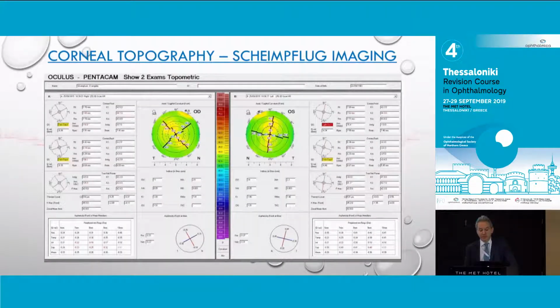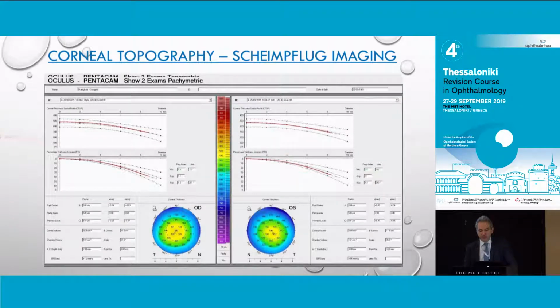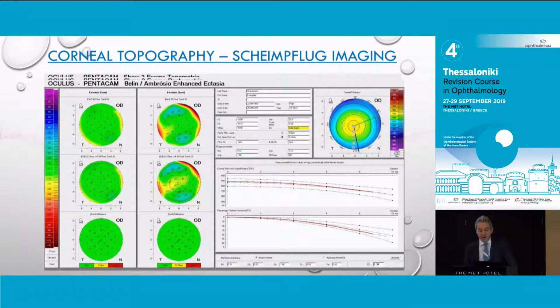Now, corneal topography is the gold standard for detection of corneal ectatic disease. It is a major tool for every corneal and refractive surgeon to assess the anterior and posterior surface of the cornea, to evaluate corneal curvature, corneal thickness, anterior and posterior corneal elevation.